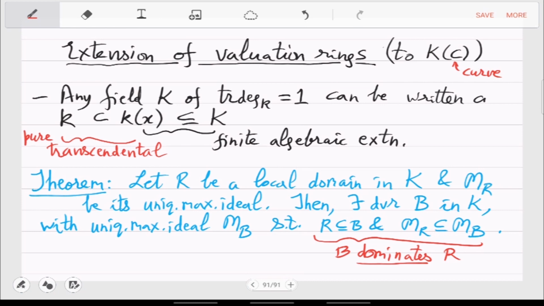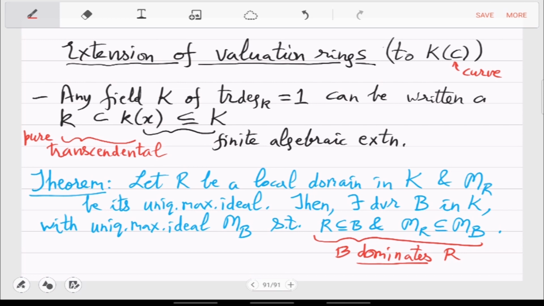When is R a proper subset of B? R can also be B. We have just said that R and B are local domains, and we have defined domination, and now we are saying that B is a DVR. Then we can always make B equal to R? No, R is the input.